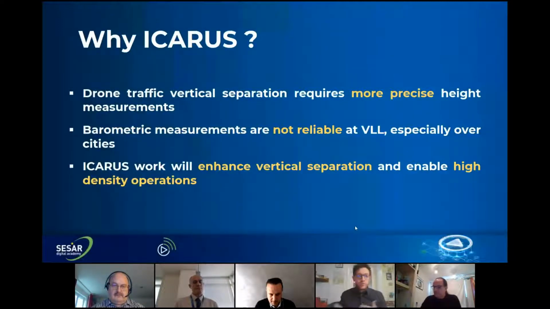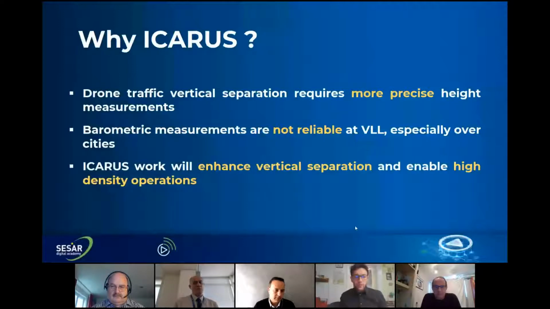But we know that drones can take off and land almost everywhere, and especially in the near future, with the advent of urban air mobility, the limitation for the use of the barometric approach in the very low-level airspace opens to this new challenge.